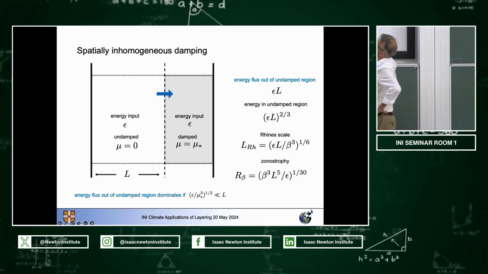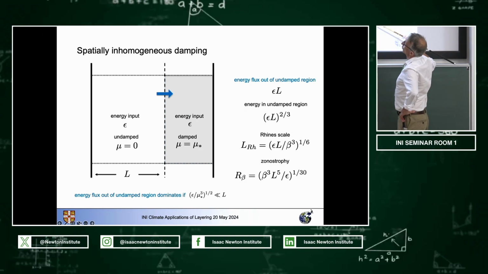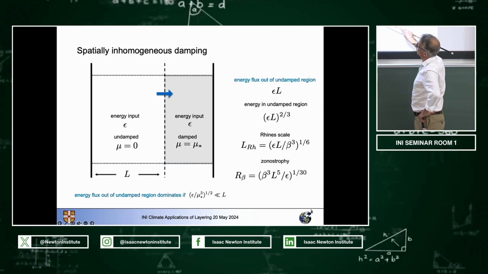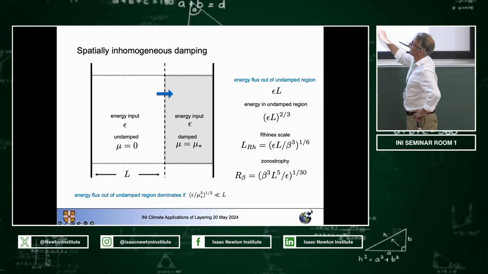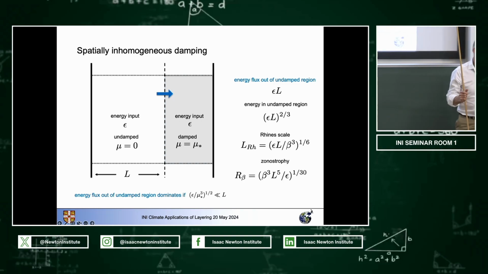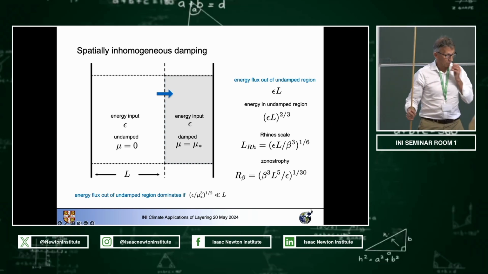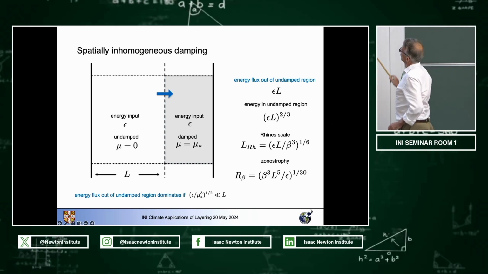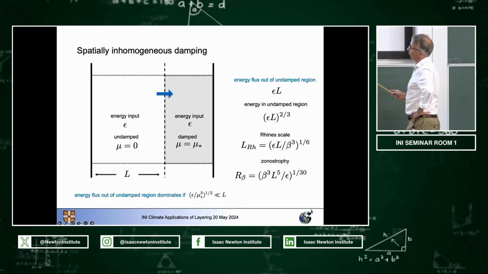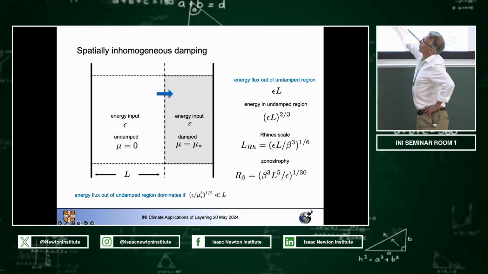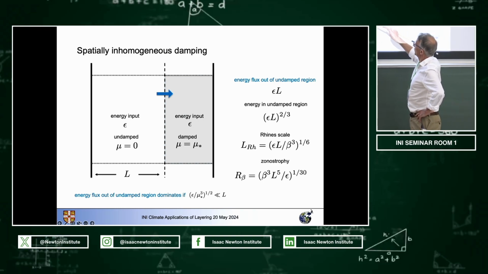Let's imagine we've got some kind of strong damping region and a weak damping region. We imagine that the existence of the strong damping region is going to prevent the kind of reflection backwards and forwards of the Rossby waves, and therefore inhibit the Basin modes. One can come up with a sort of modified theory for the turbulence that's happening in this undamped region.